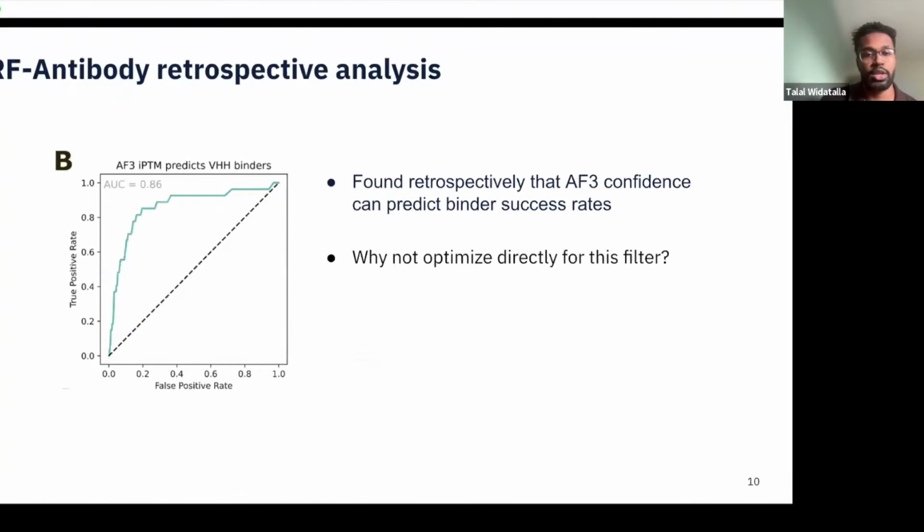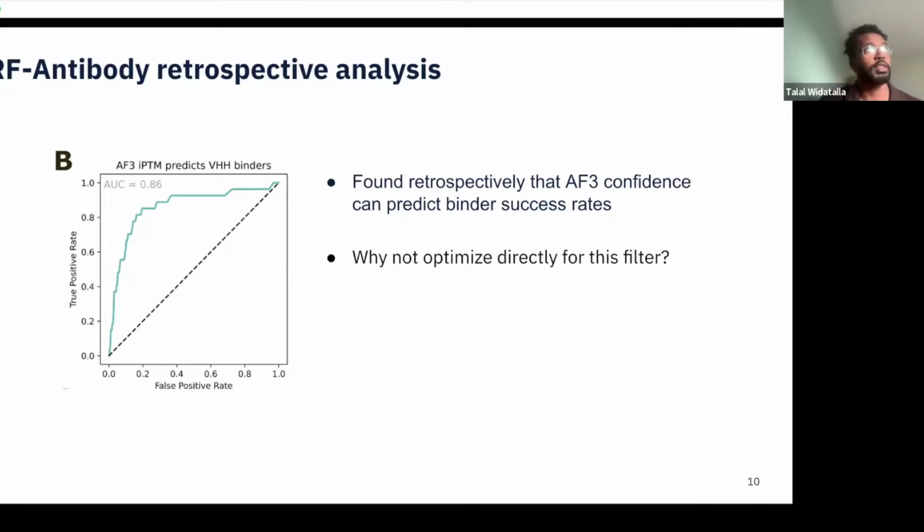Despite having very low success rates, retrospectively, when using AF3 on the binders generated by RFantibody, they found that AF3 confidence can predict binder success rate very well.